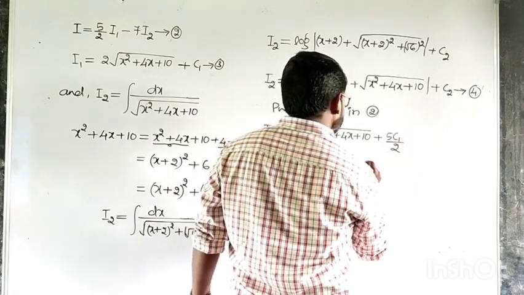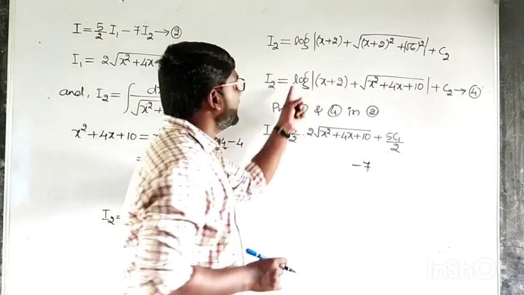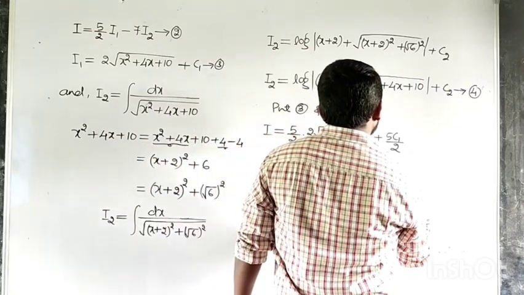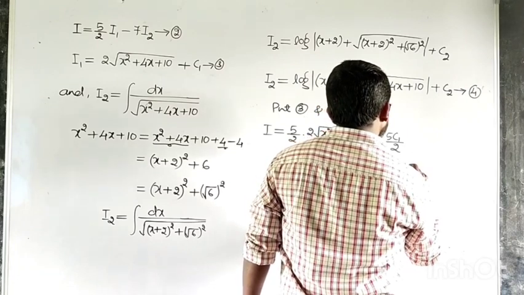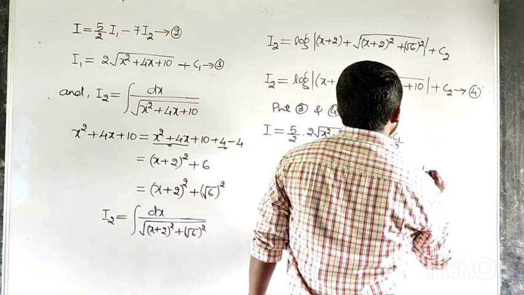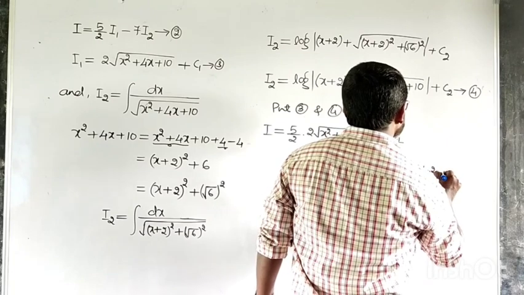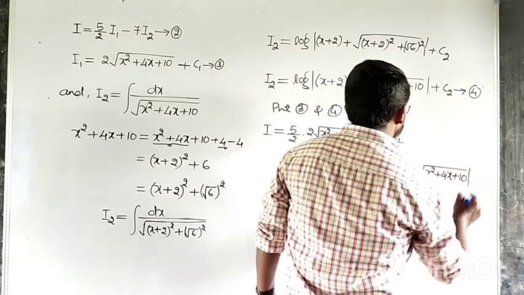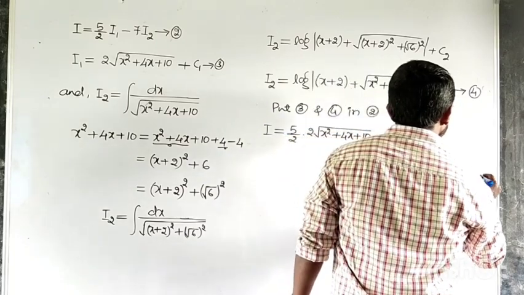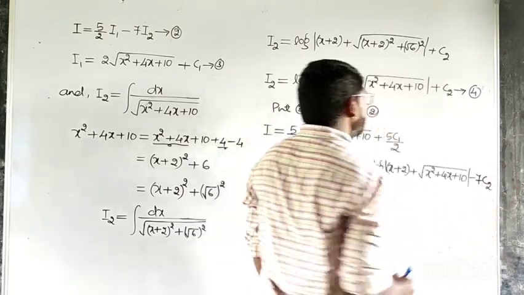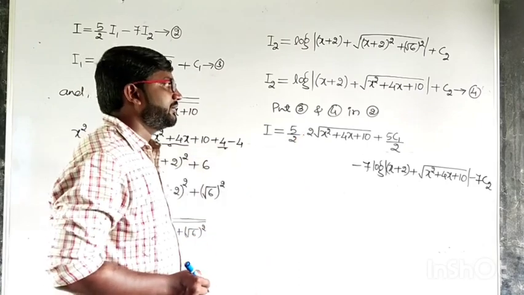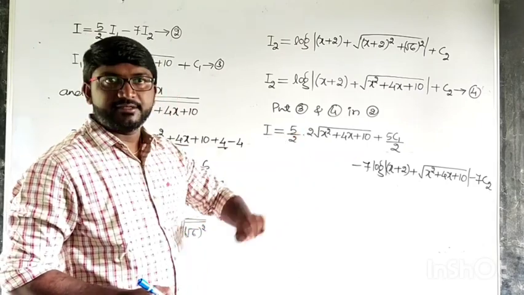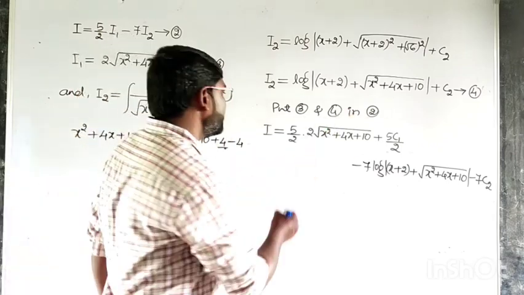So minus 7 times I2, so it is log mod x plus 2 plus square root of x square plus 4x plus 10, and then minus 7 times C2. So in the next step, we have to replace 5C1 by 2 and then minus 7C2 with capital C.